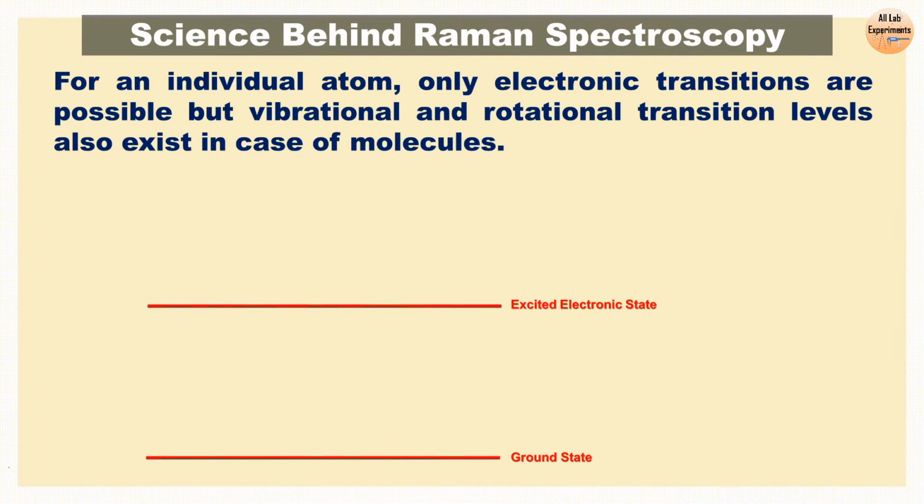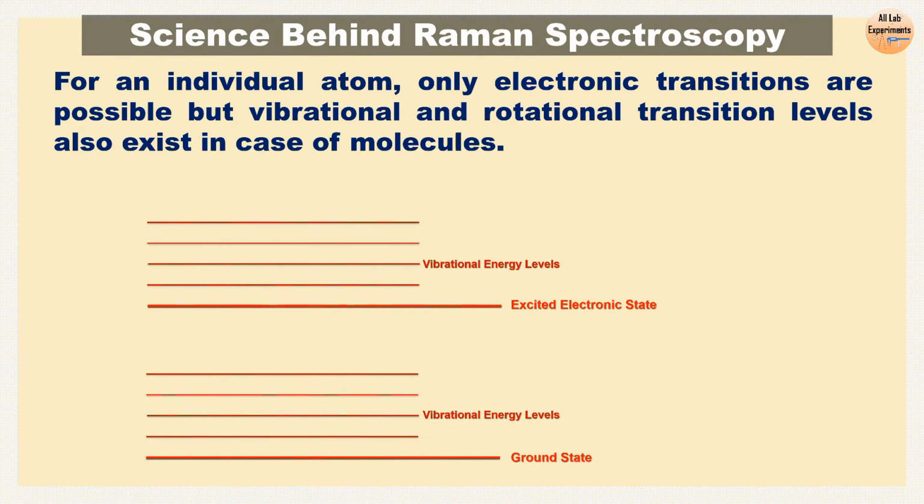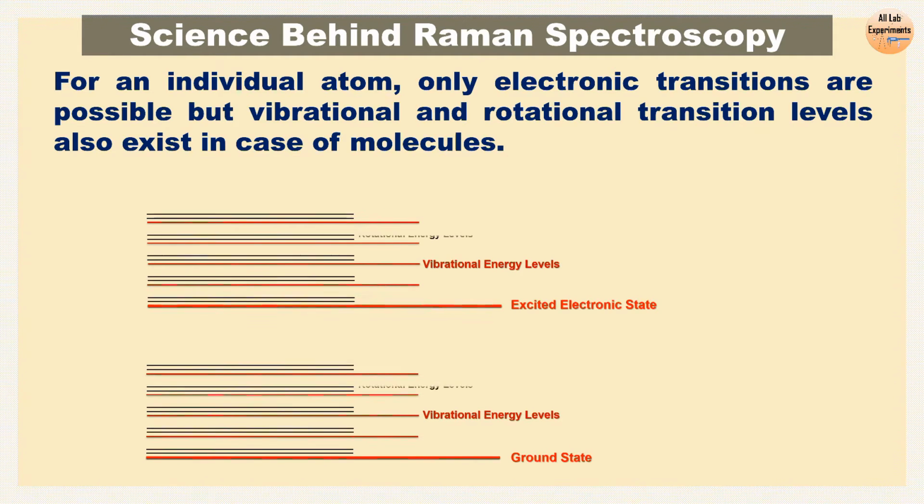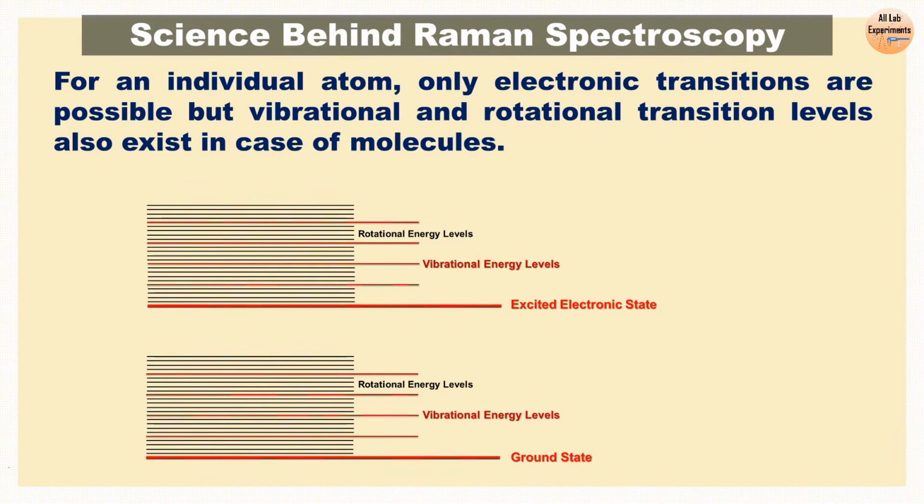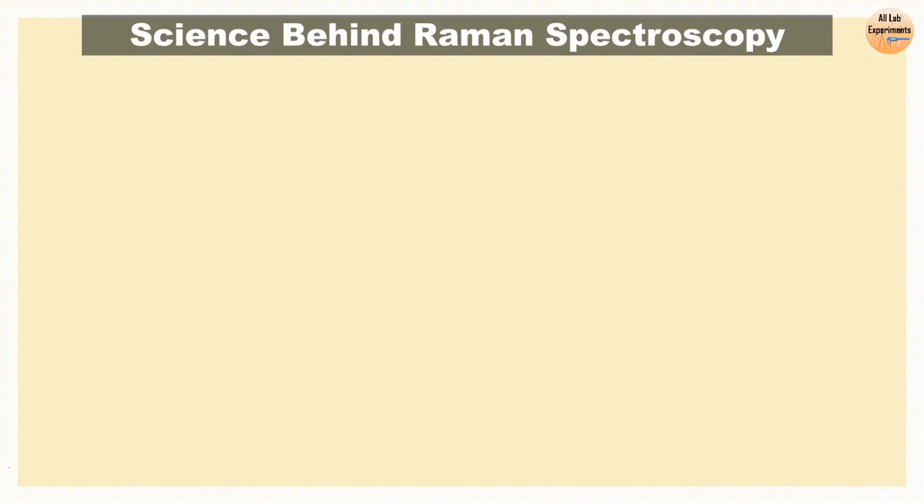But when we talk about molecules, there are also vibrational energy levels and the corresponding rotational energy levels. So with each electronic energy level, there are also other energy levels associated with them, which are assigned to vibrational energy and rotational energy.